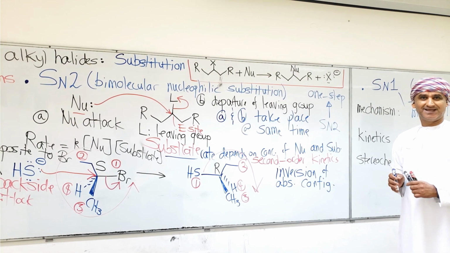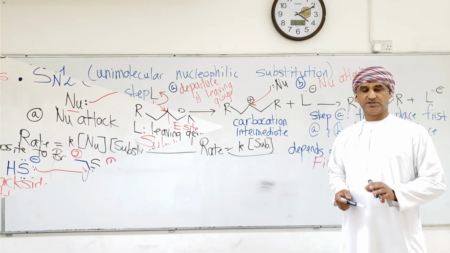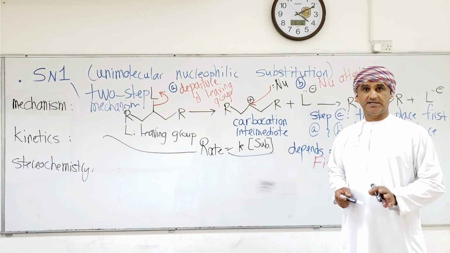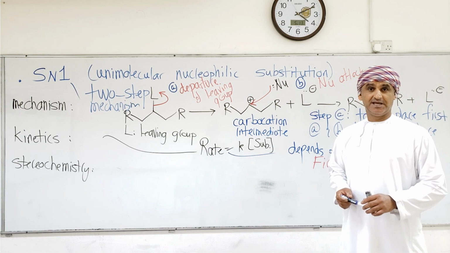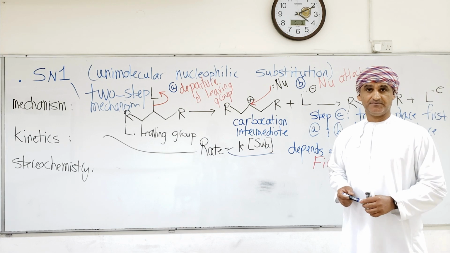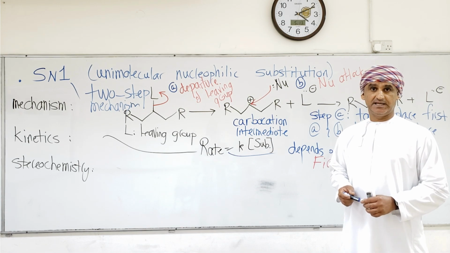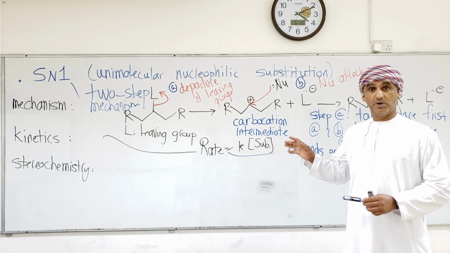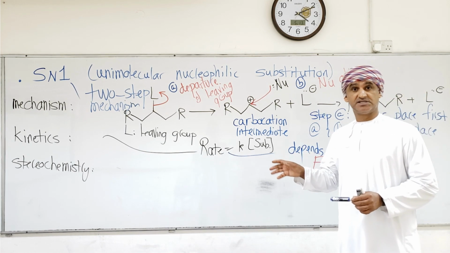What about SN1? So the SN2 mechanism results in inversion of stereochemistry. That's because of the backside attack of the nucleophile on the reacting substrate or alkyl halide. What about SN1? Well, you understand that SN1 consists of two steps.